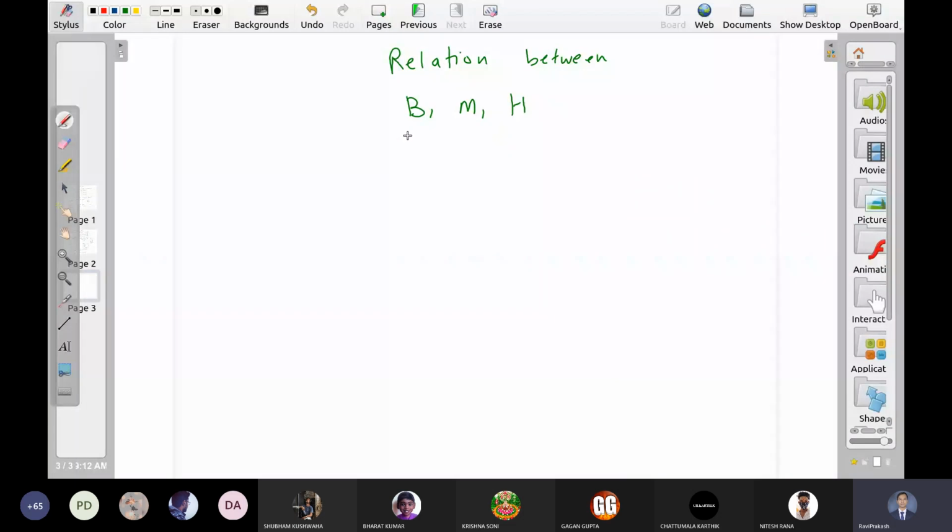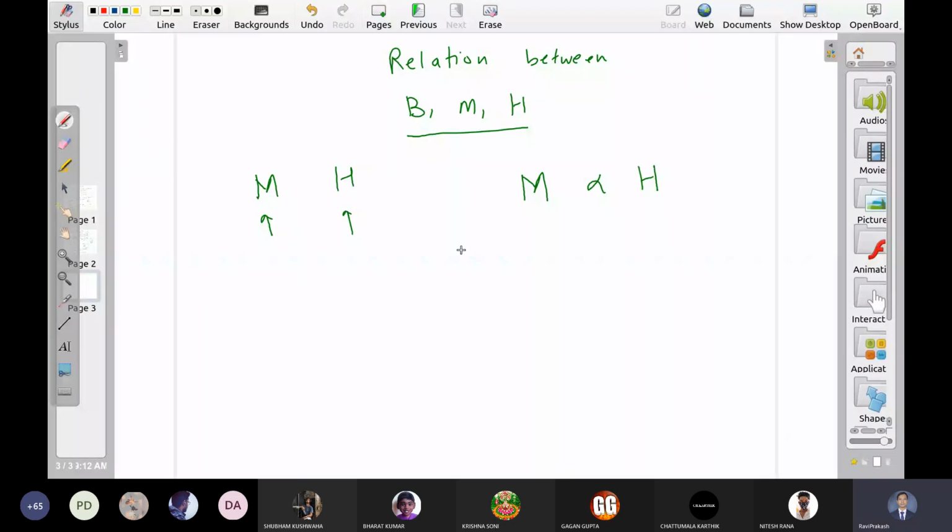So what connections do we have? Let us first discuss the connection between M and H. H depends on the current we are applying, so we can increase or decrease H according to our choice. What is M? M is the induced field inside the material. If we apply a strong field, M will also be stronger. If we apply a small field, the induced magnetic field will also be small. So one thing is certain, that M in magnitude is proportional to H, right?